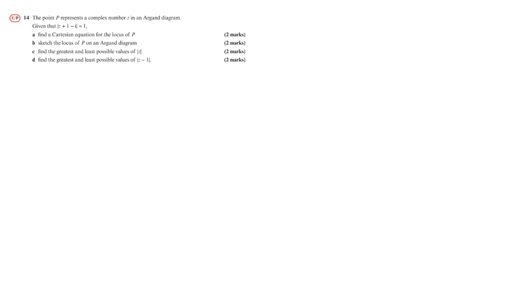So let's start. Alright, so we're saying the point P represents a complex number z in an Argand diagram. Given that the modulus of z plus 1 minus i is 1, find the Cartesian equation of the locus of P. Okay, so we know that z can be written in the Cartesian way as x plus iy.